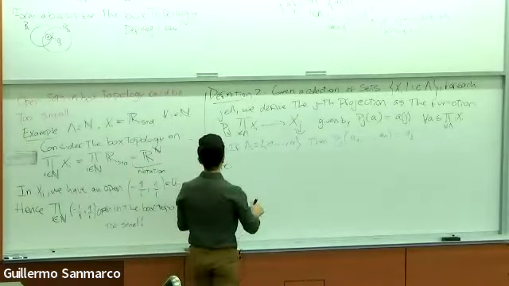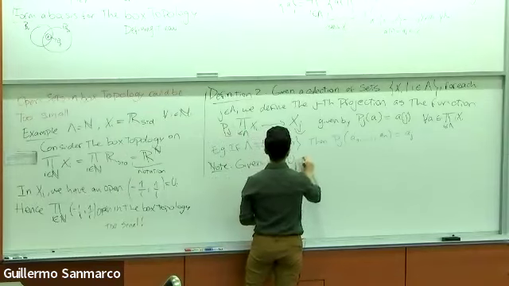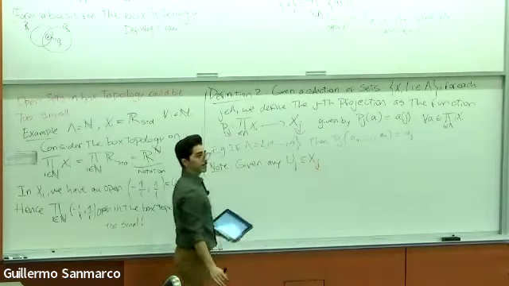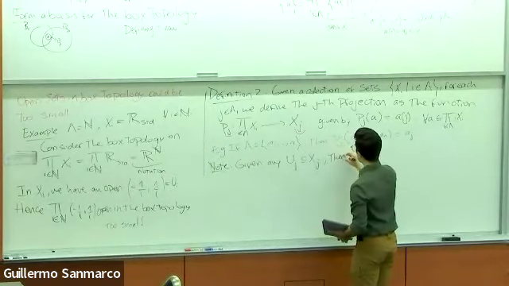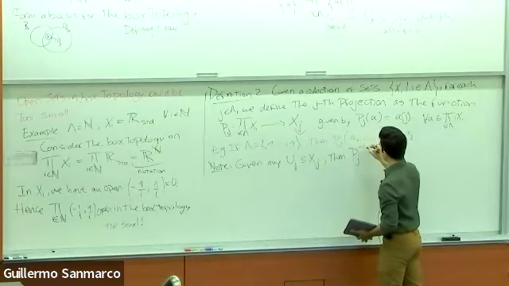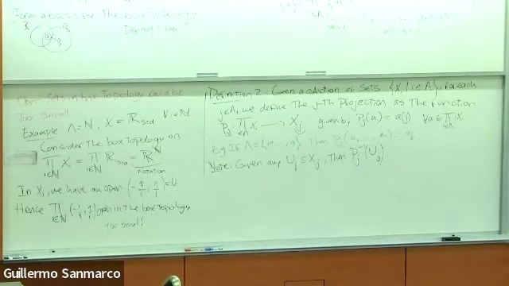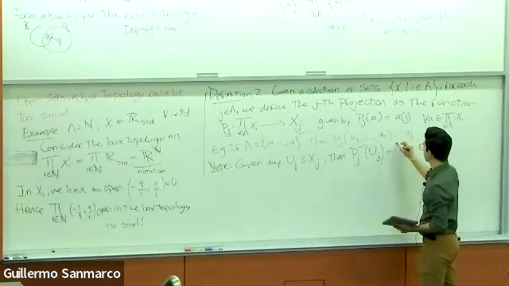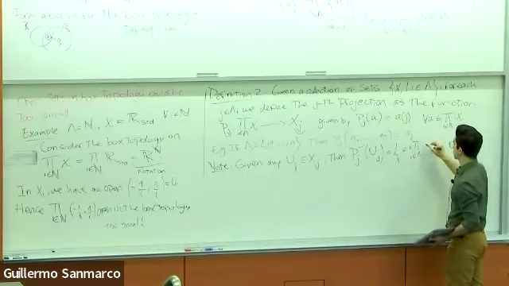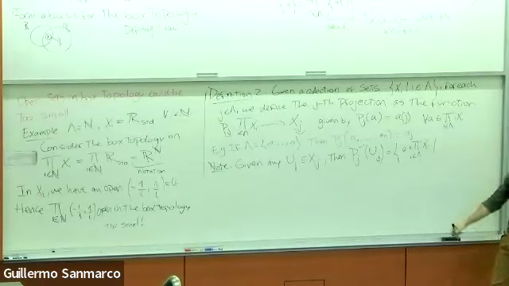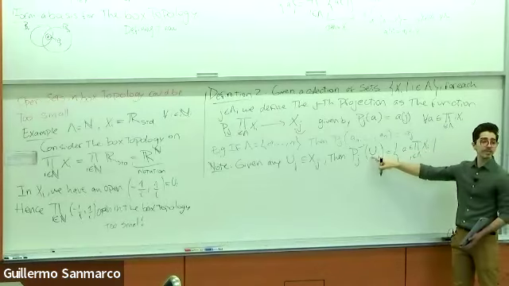So if you take any subset U_j in X_j, then its preimage under the jth coordinate projection is going to contain all functions, all tuples, but I want the jth coordinate not only to be an element of X_j, I want it to live in U_j.